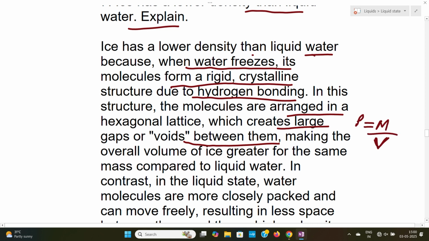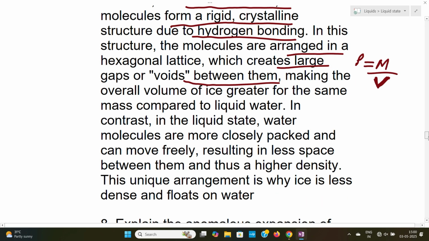Then if the volume is high, the density will decrease automatically. In the case of the liquid state, water molecules are more closely packed and can move freely, resulting in less space between them and thus a higher density.